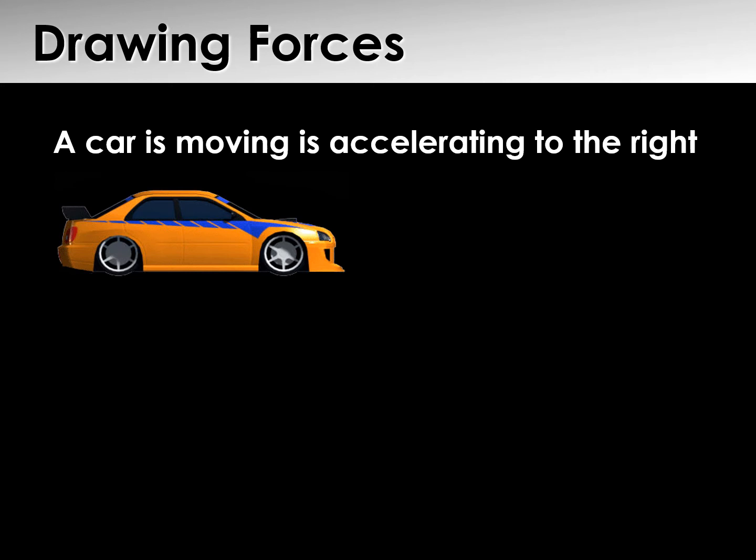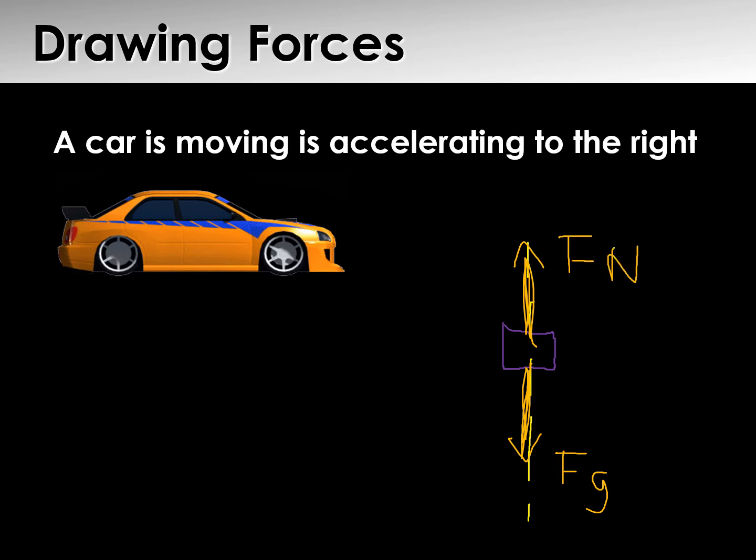Let's check the free body diagram. First thing, you guys know, draw a square. Next, consider forces in Y. Let's see over here. As usual, you have your gravity down and you have your normal force up. You guys see that the object is not moving down or moving up.